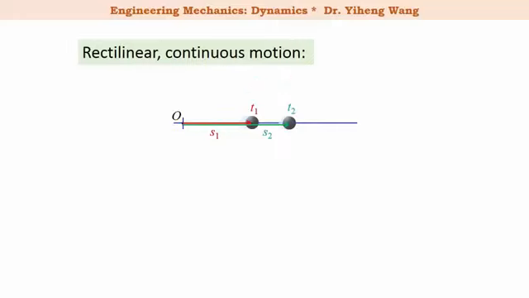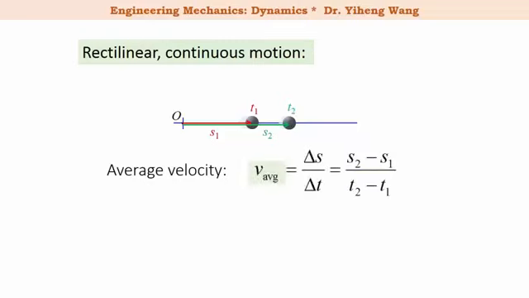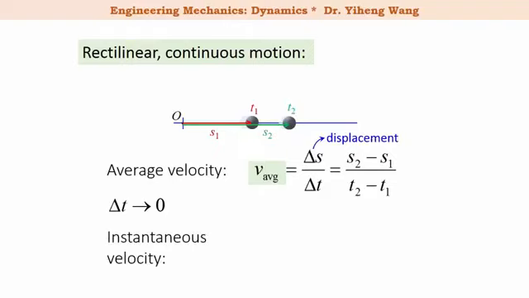From time t1 to time t2, the average velocity is defined as the change in position over the change in time, delta s, or the displacement over delta t. When the time difference, delta t, approaches 0, the average velocity becomes the instantaneous velocity, defined as ds over dt, or the time derivative of position.